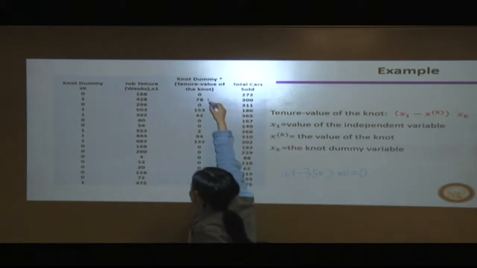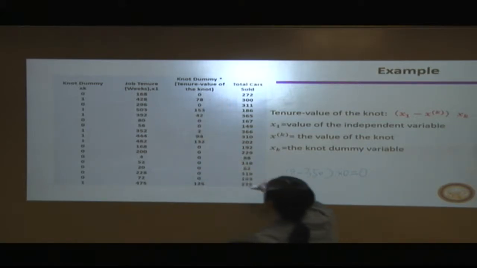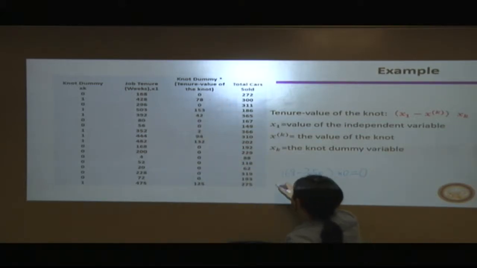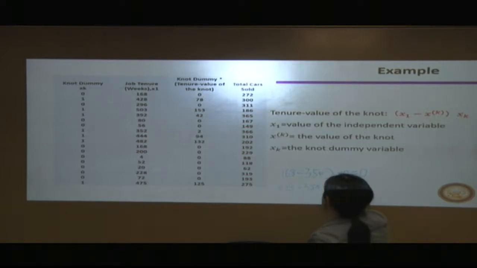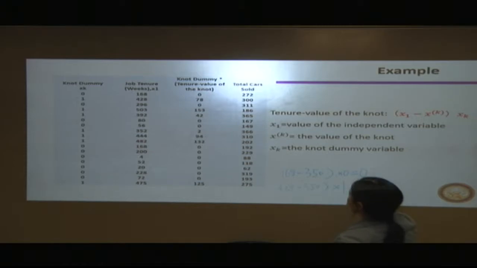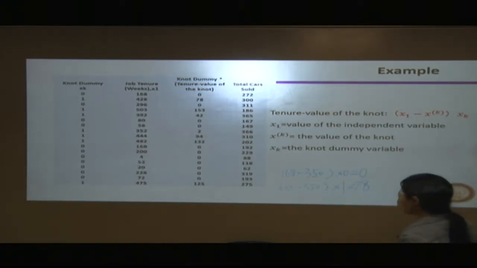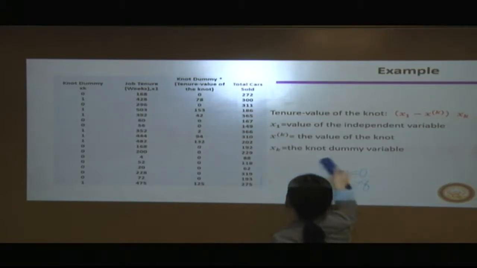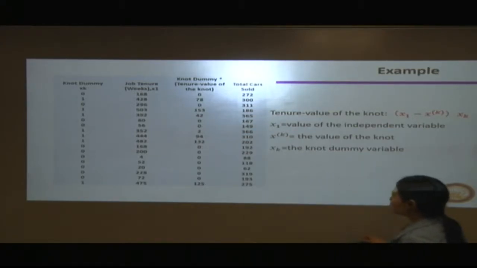Let's look at another example. The second salesman has been working here for 428 weeks. Our breakpoint is 350, and the dummy is equal to 1, which gives 78. Okay.